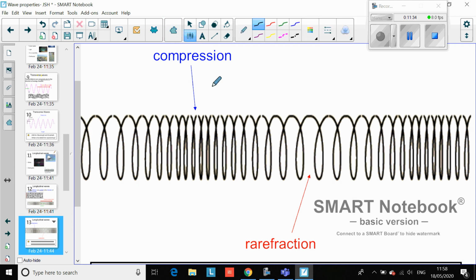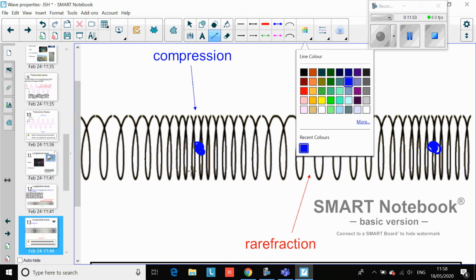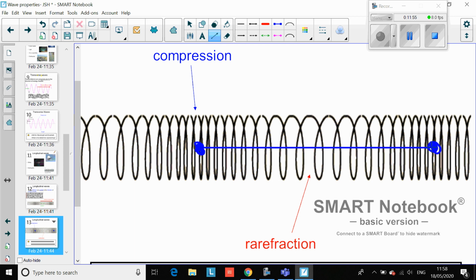So let's just say we had a point on the wave. Let's just say here, in the middle of the compression. The middle of the next compression is over there. So that would be our wavelength, because as you can see, it's in the middle of the compression there, and then the middle of the compression on the next wave.